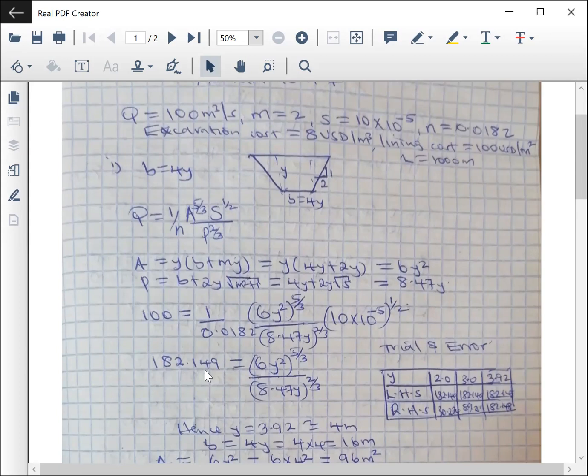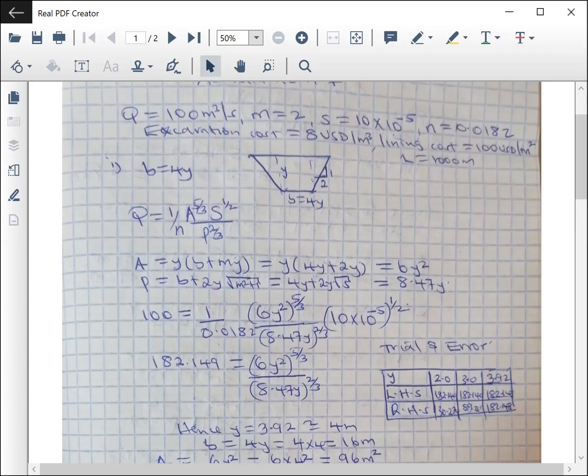So you will end up now, if you take the constants on your left-hand side and the variable on your right-hand side, you find like 182.149 is equivalent to 6y squared power 5 over 3 divided by 8.47y power 2 over 3. Now here we shall use what we call trial and error method. How does it work?